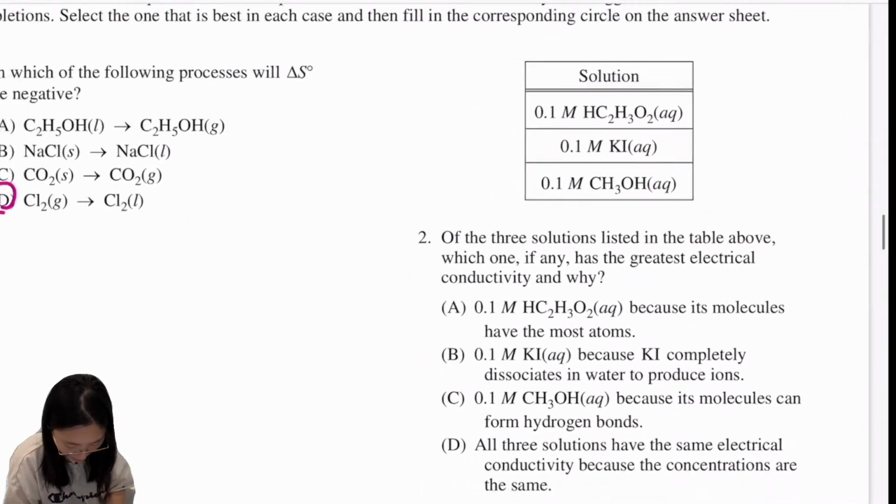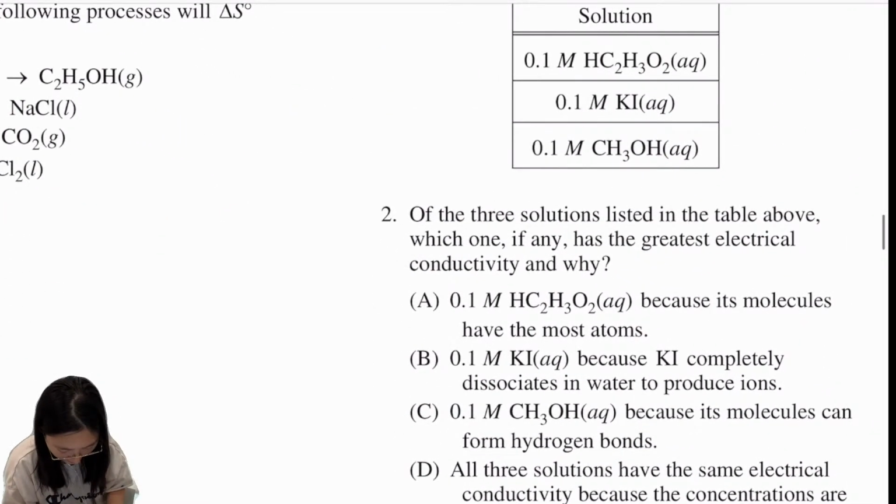Question number 2. Of these 3 solutions listed in a table, which one has the greatest electrical conductivity and why? Electrical conductivity depends on how mobile the cations and anions are, or how mobile the electrons are. The more ions you have in a solution, the greater the electrical conductivity.